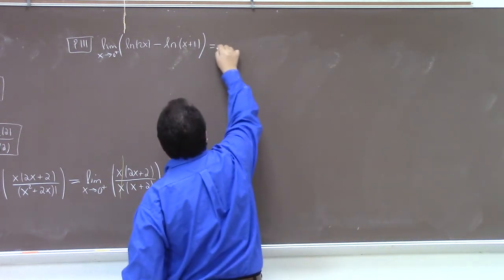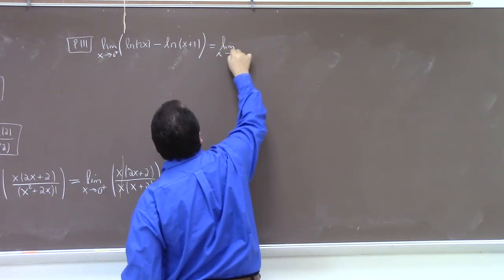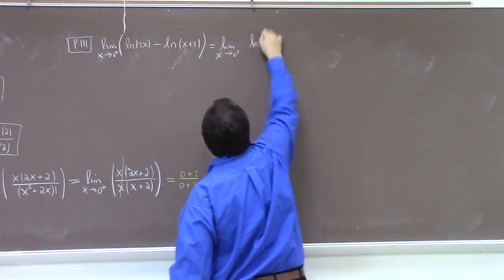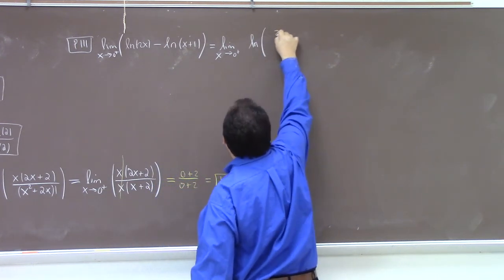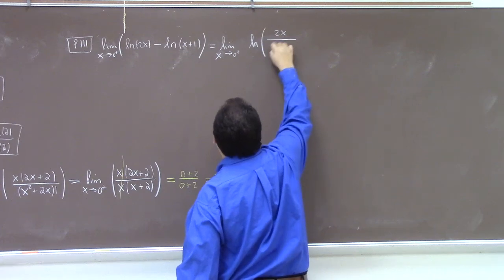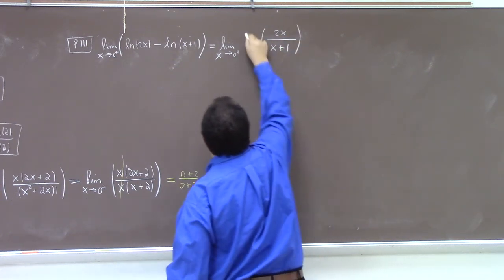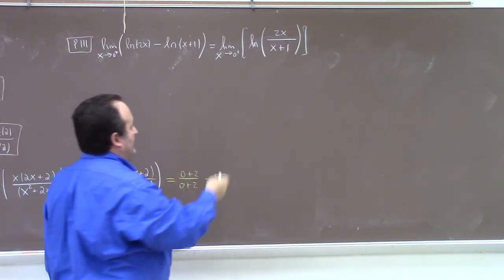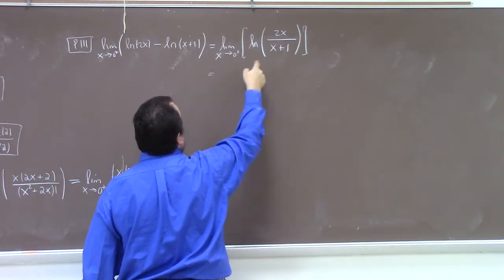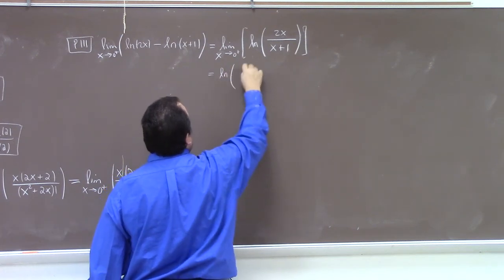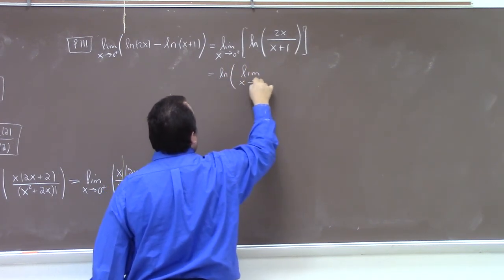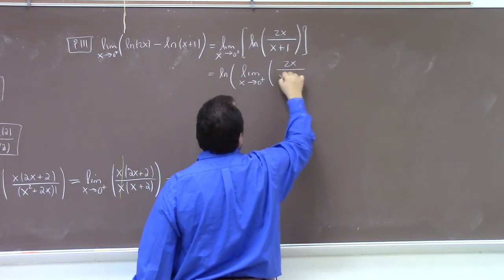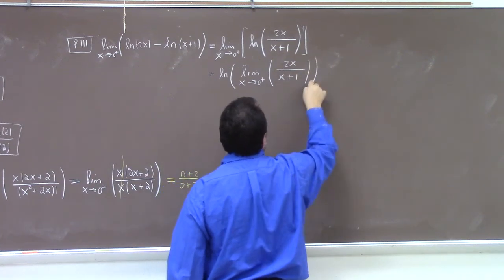This is the limit as x goes to 0 from the right of the natural log of the quotient, 2x divided by x plus 1, by properties of the logs, right? But then the natural log is continuous, so I can pass the limit inside the log. Right?